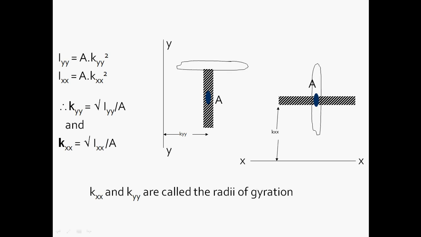Similarly, about the x-axis, Kxx is equal to the square root of Ixx divided by area. Kxx and Kyy are called the radii of gyration.